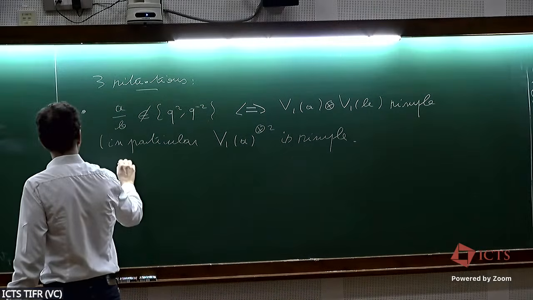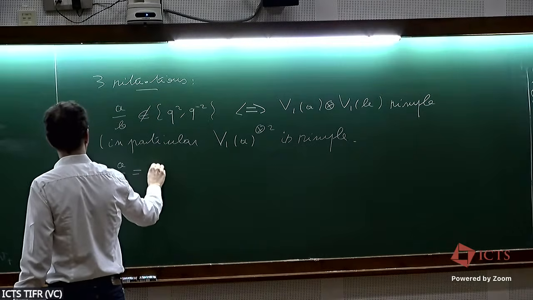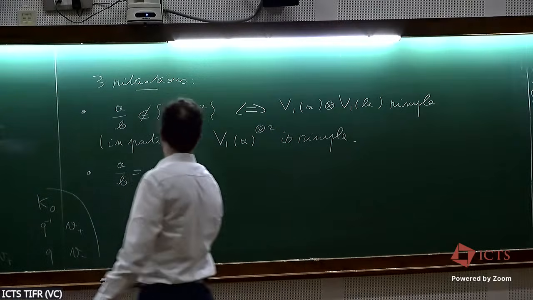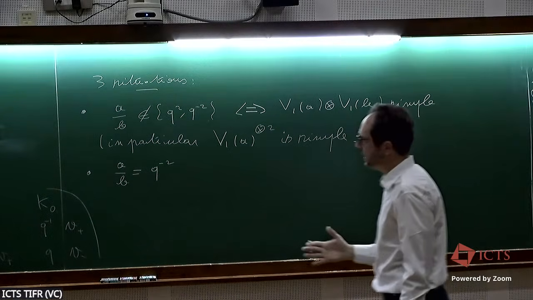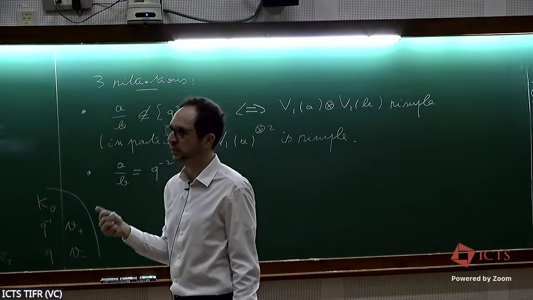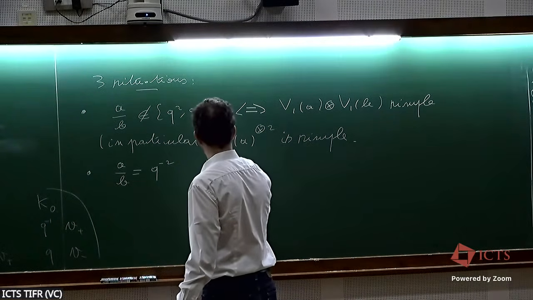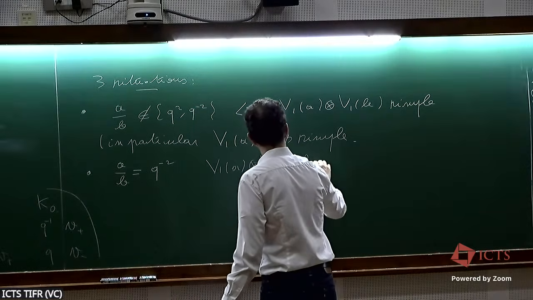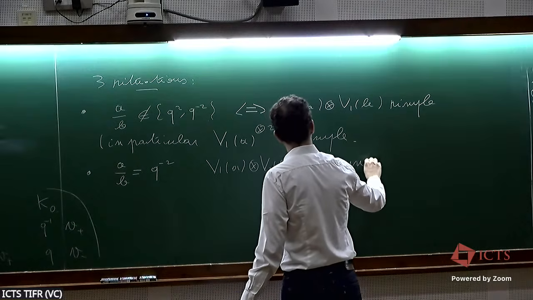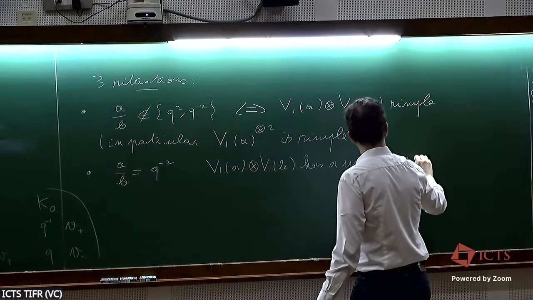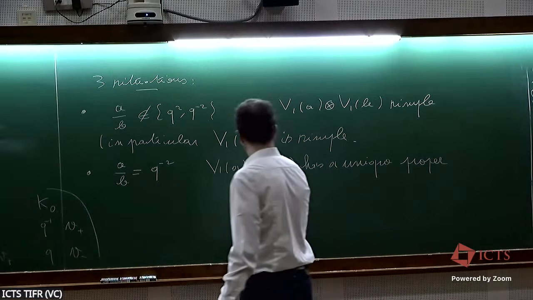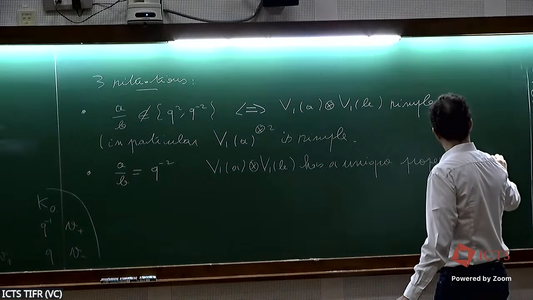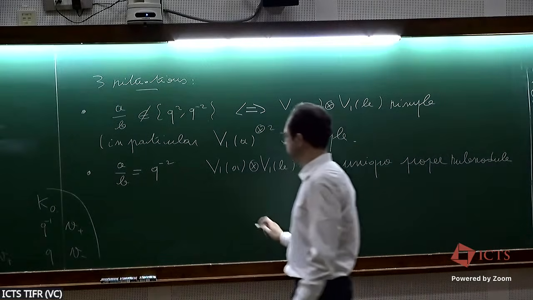Now we may look at the case when it's equal to Q minus 2. Then in this case, we obtain a unique proper submodule, of dimension 3.